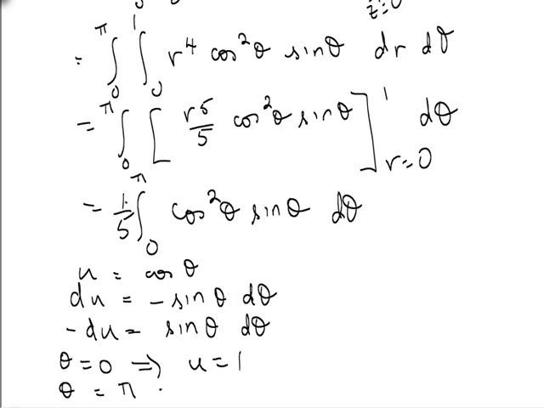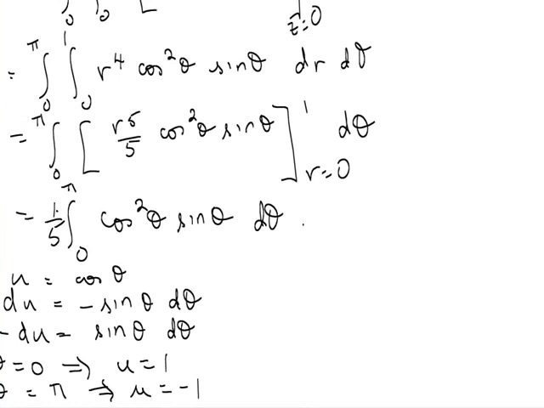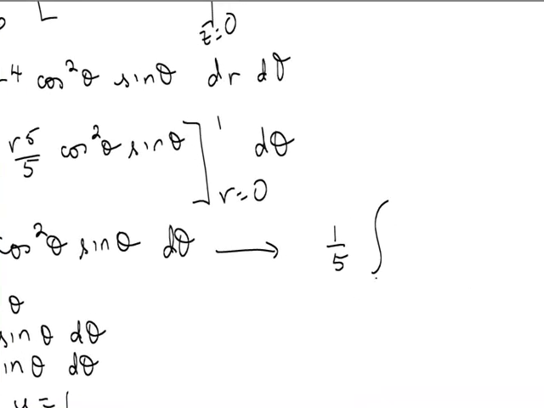Theta is pi, means that u is negative 1. And so this converts to 1/5 times the integral from, and make sure you put the limits in the correct order, 1 to negative 1 of, let me put that minus outside, minus u squared du.